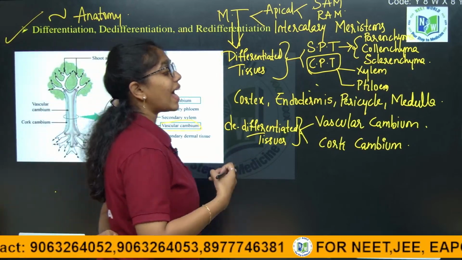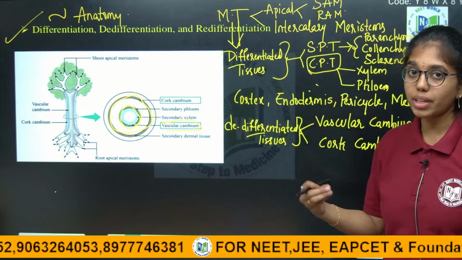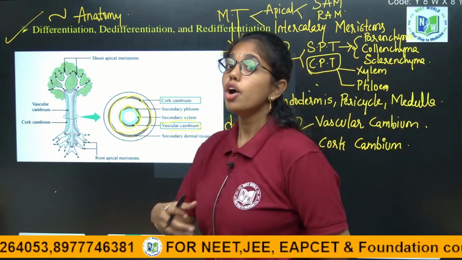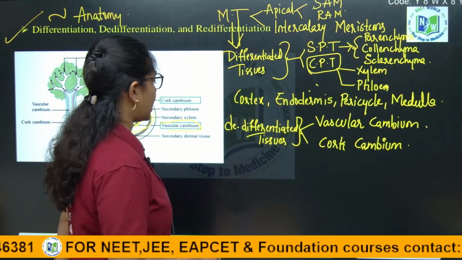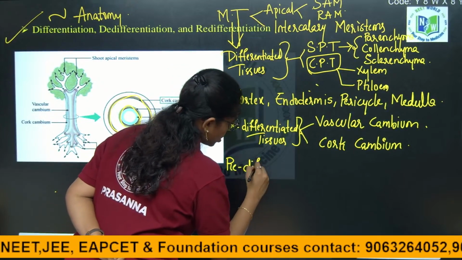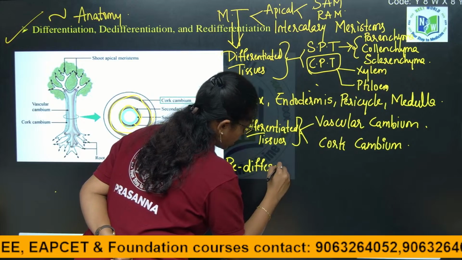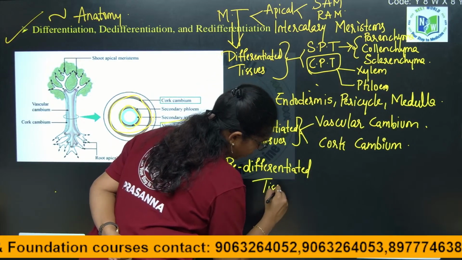Due to the activity of these secondary meristems, a few differentiated tissues are formed again. Those are called redifferentiated tissues. What are they?